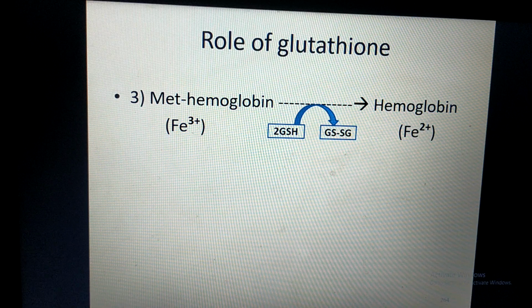So there is constant formation of methemoglobin from hemoglobin. So this methemoglobin should be converted back to hemoglobin. Here reduced glutathione provides electrons to the ferric iron of methemoglobin and converts it into the ferrous form. In this way it converts methemoglobin into hemoglobin.